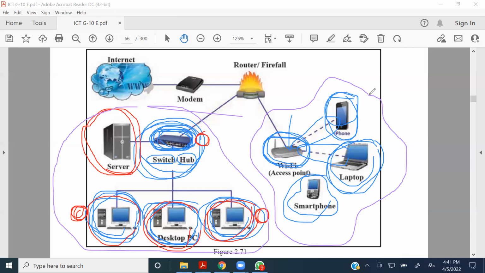And when these networks need to be connected with the internet, we can do it using a router, or else we can do it using a modem. Somehow it's going to connect with the world's largest network, which is called the internet.